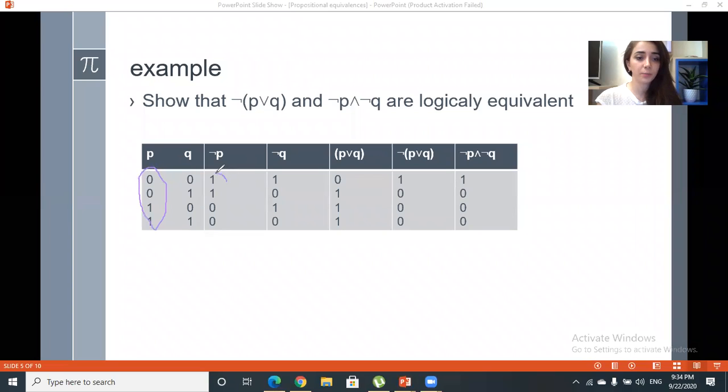The negation P is 1100. And what about Q? 0101, and the negation Q is 1010. Okay, 0 became 1, 1 became 0, and so on.